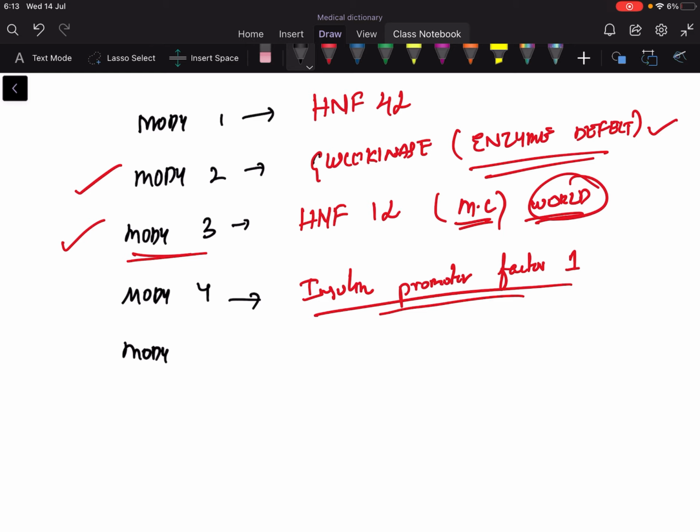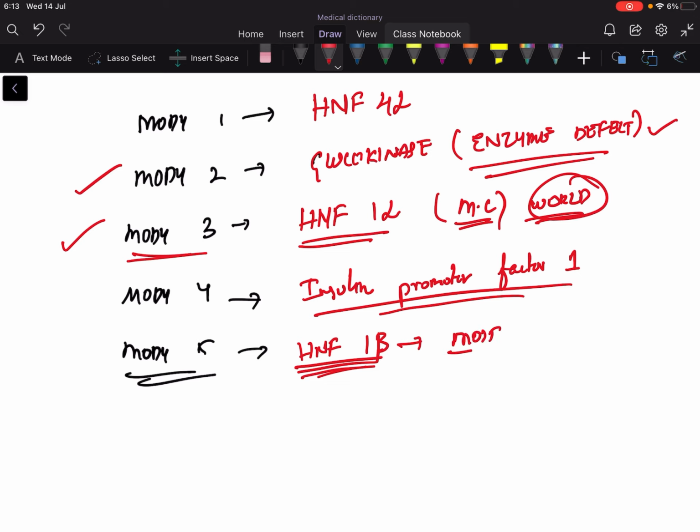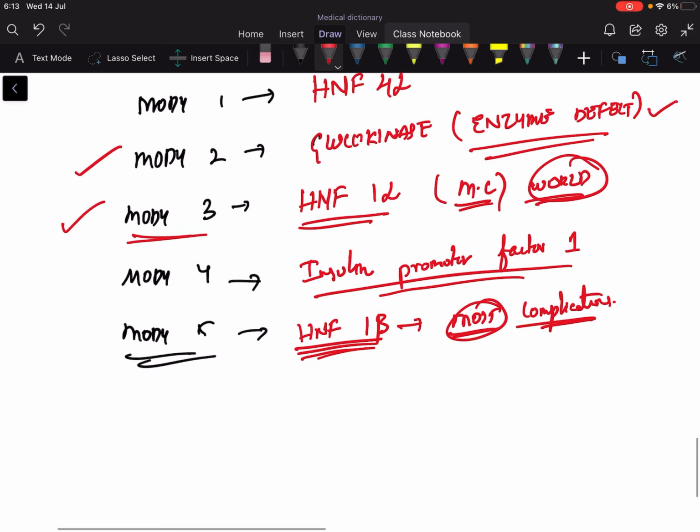So again, finally we come to MODY5. In MODY5 there was a defect in hepatocyte nuclear factor 1 beta. 1 alpha is MODY3, 1 beta is MODY5. And this one has the most complications related to diabetes.